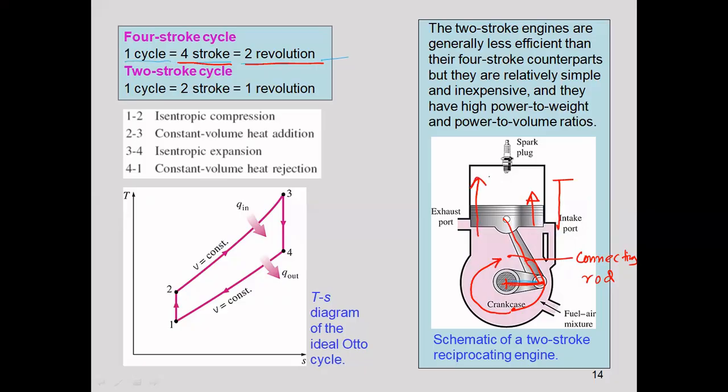So for one stroke of the piston, the crankshaft rotation is 180 degrees or half a revolution. So four strokes means four multiplied by half, that is two complete rotations. That is why one cycle of four-stroke means two revolutions.